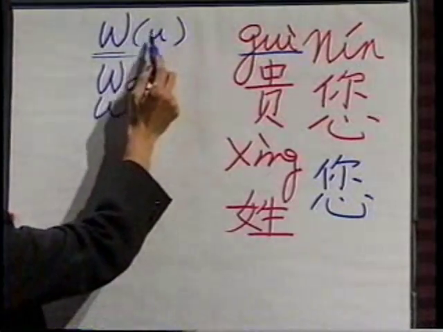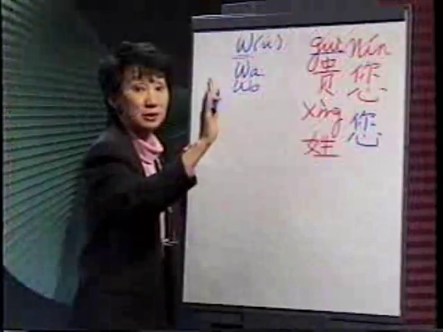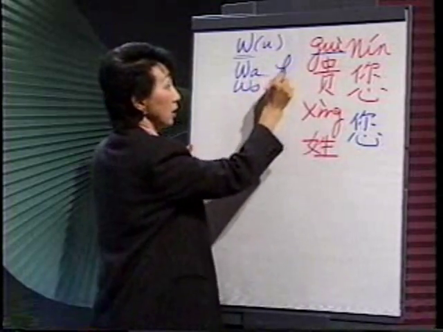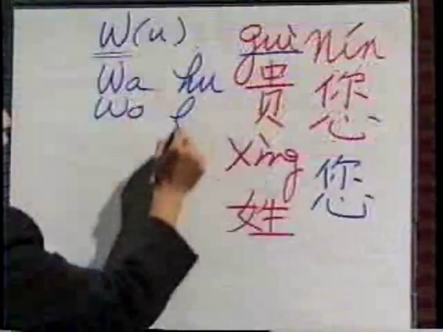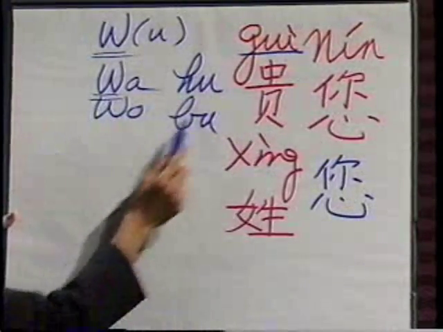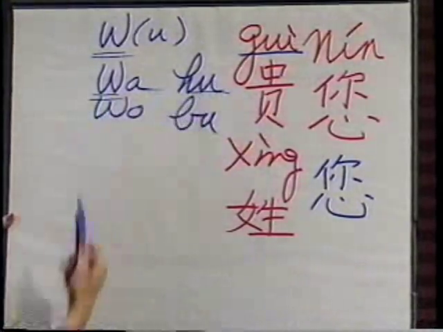And if we want to use the u as a final, means end of the sounds, you can use this too, just like he, bo. So remember when to use the capital, when to use the regular. Wu ah, he wu hu.